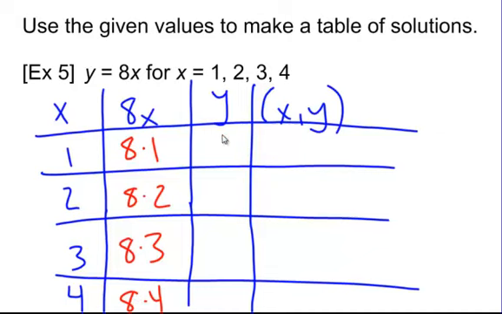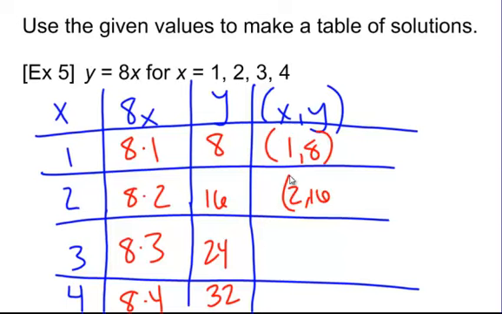So 8 times 1 is 8, 8 times 2 is 16, 8 times 3 is 24, 8 times 4 is 32. And then that gives me ordered pairs. I have an x, I have a y. And remember, ordered pairs are just x comma y. So that's going to be (1, 8), (2, 16), (3, 24), and (4, 32).